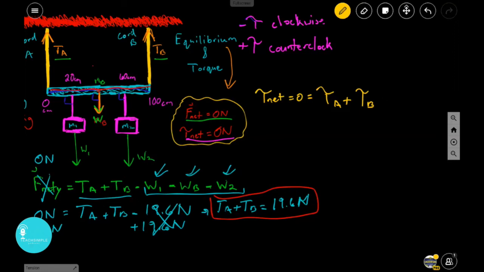We have the torque from the weight 1, and that's counterclockwise. We have the torque from the bar.